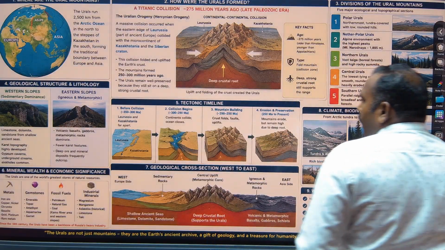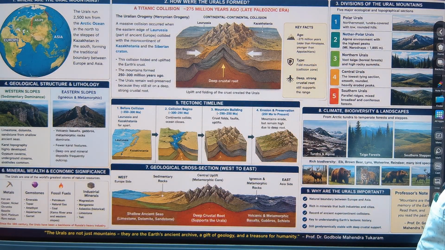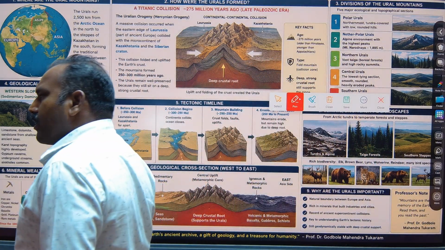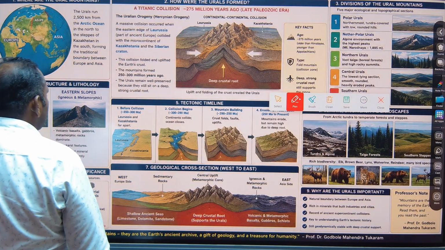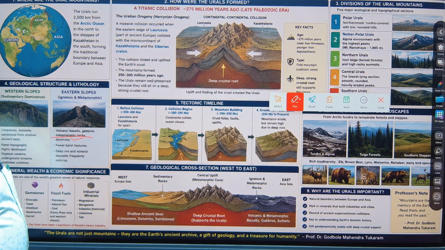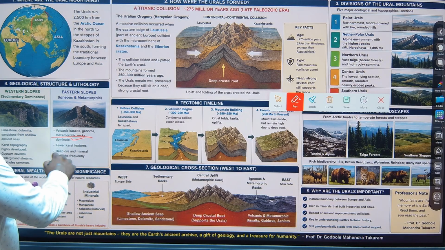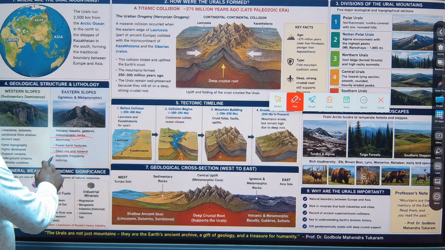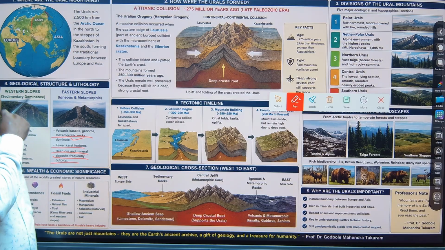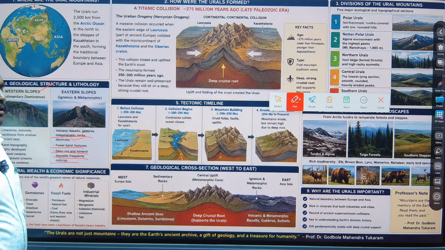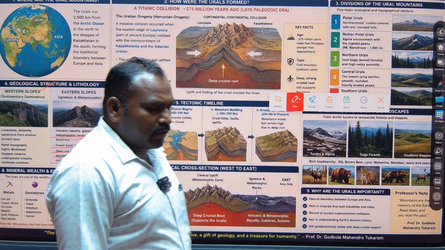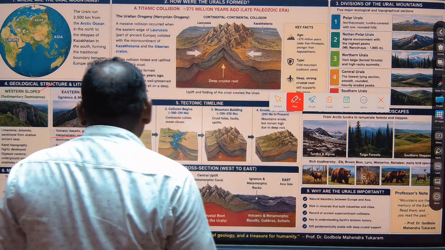Volcanic basaltic rocks, gabbros, and metamorphic rocks dominate, whereas karst features are favored in the west, and deep cores and mineral deposits frequently outcrop in the east. So compared to the western slope, the eastern slope of the Ural is very good, and it is a source of minerals as well as ore bodies.